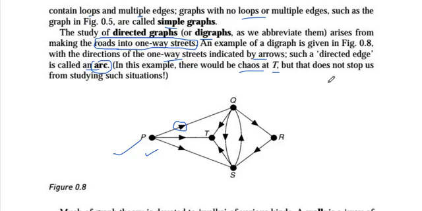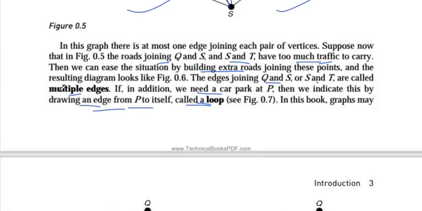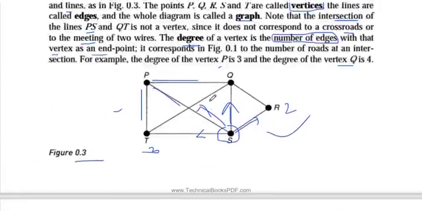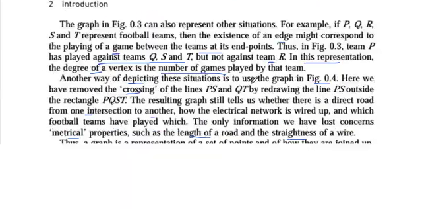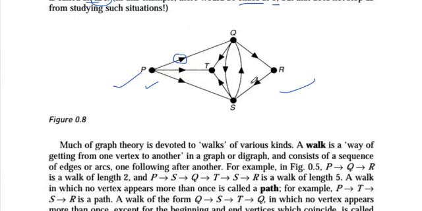So this graph is called a directed graph, one-way street. We have to convert this into one-way streets. Simple graph and directed graph, multiple edges and loop, then vertices, edges, graph and degree of vertex: these are the definitions we have studied. Next definition.